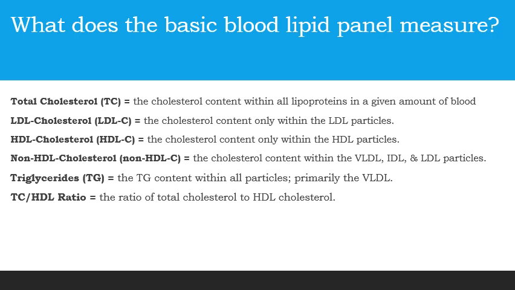Last, this panel will also calculate your total cholesterol to HDL ratio. You simply divide total cholesterol by HDL-C and get a decimal. The lower this number is, the better. Epidemiological studies have determined these optimal ranges based on strong correlations between non-optimal levels and cardiovascular disease risk.